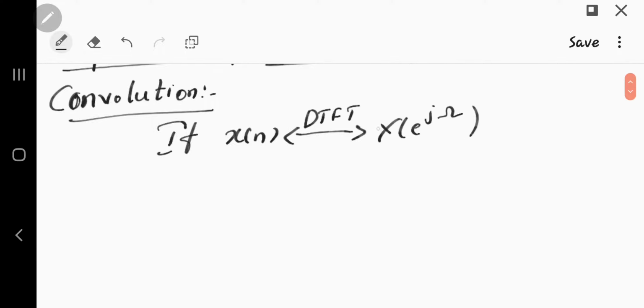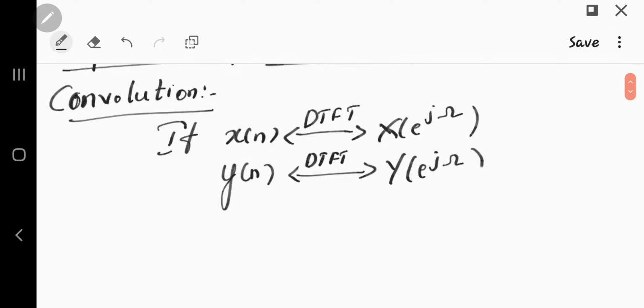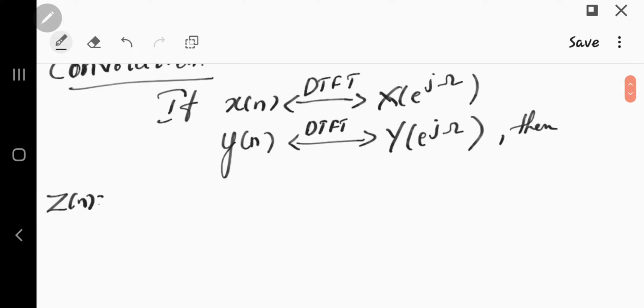The definition says: if x of n gives X of e power j omega, and y of n gives Y of e power j omega, then z of n is equal to x of n convolved with y of n.